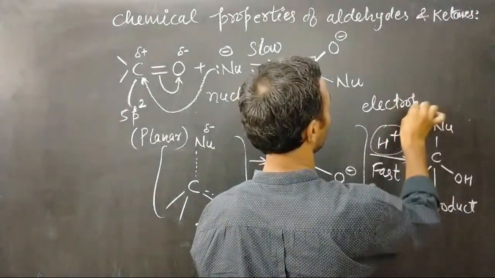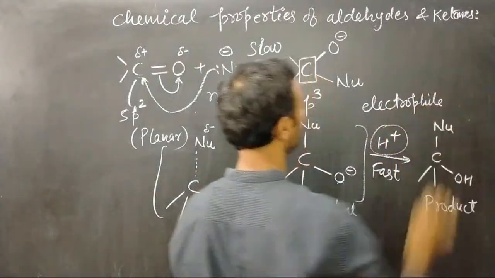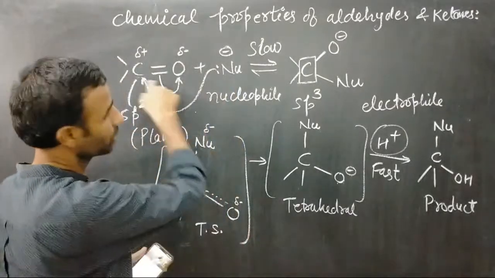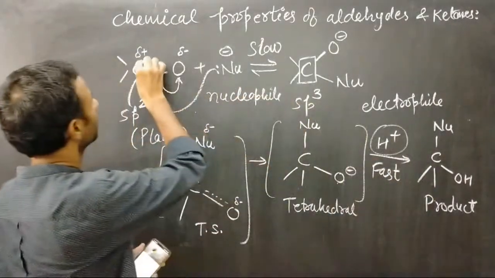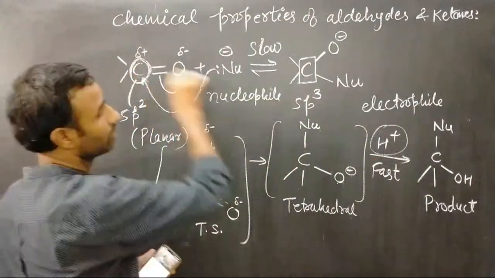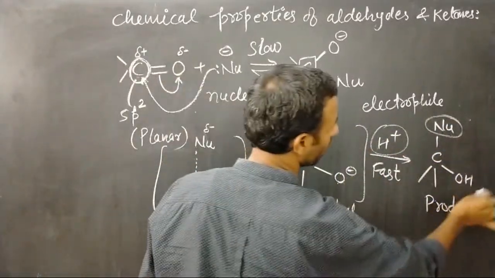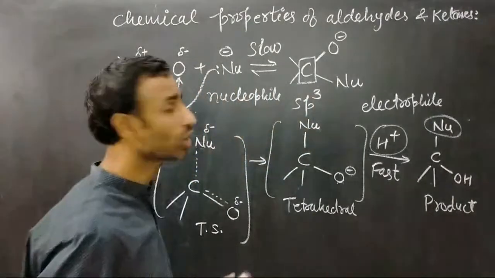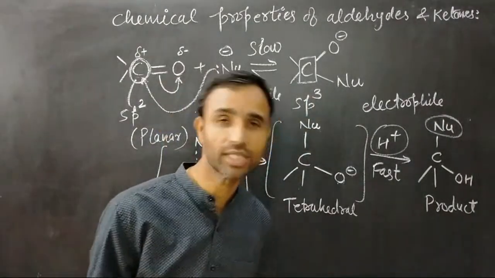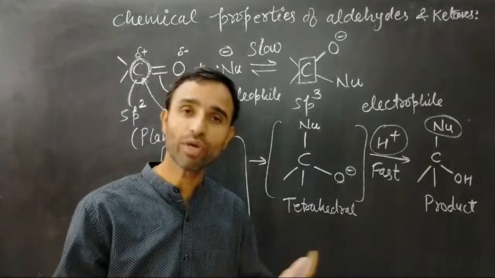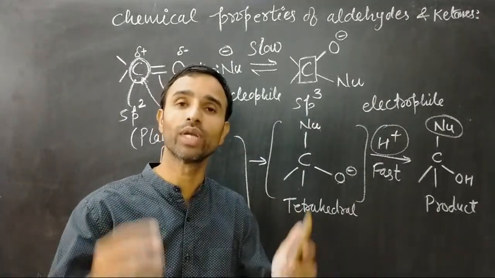So when the final product is formed, compare these two. At carbon, nucleophile attached. At oxygen, electrophile attached. Means there is addition of electrophile as well as nucleophile. So why do we call this reaction a nucleophilic addition reaction?